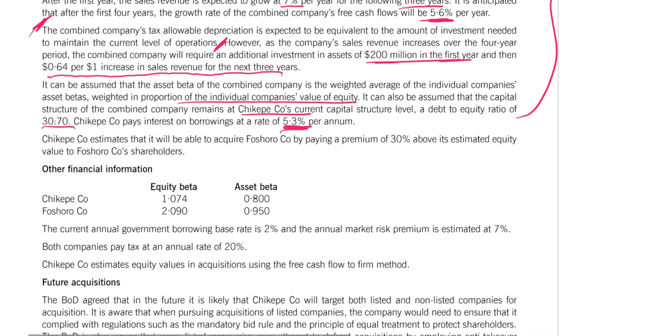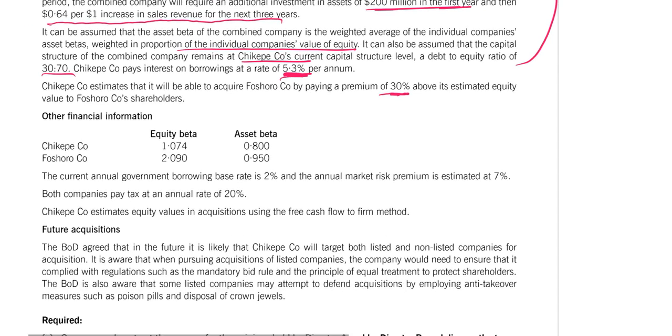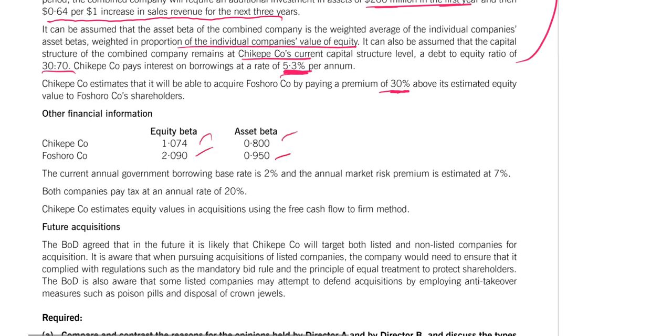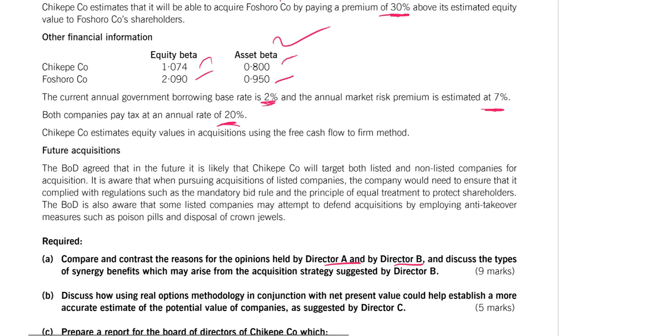The parent company estimates that it will be able to acquire the target company by paying a premium of 30% above its equity value. So these are the equity betas of both of the companies and the asset betas. Obviously, we need asset betas. Risk-free rate is 2%, premium is 7%, tax rate is 20%. And the last paragraph belongs to the last part.